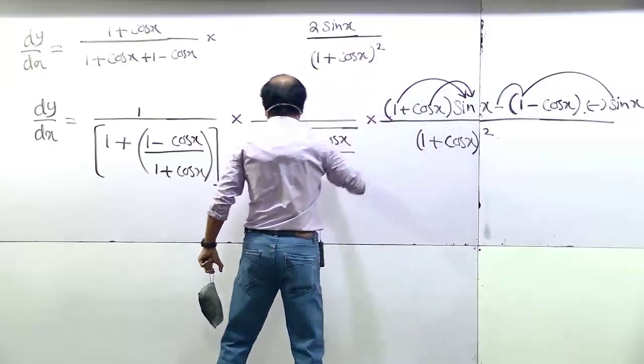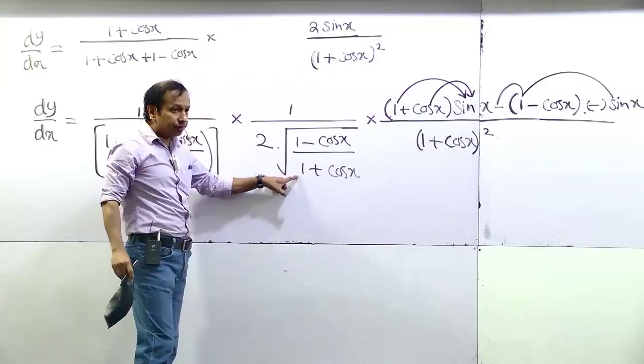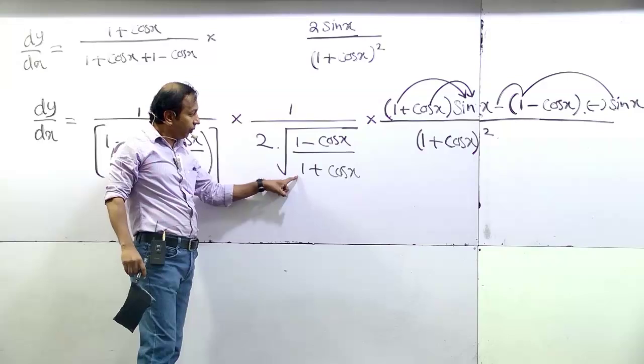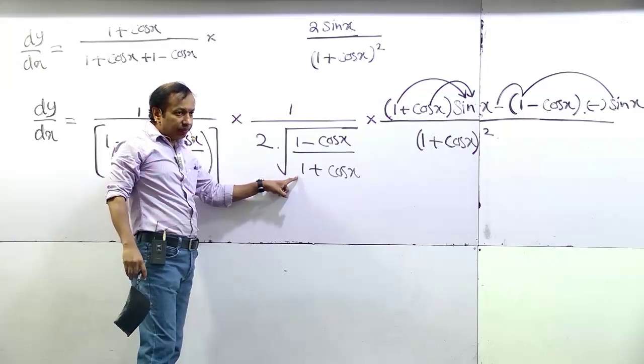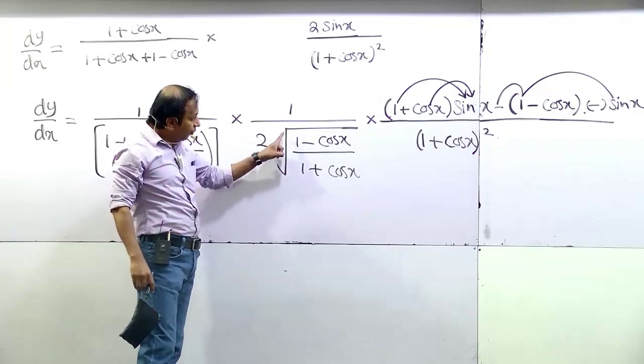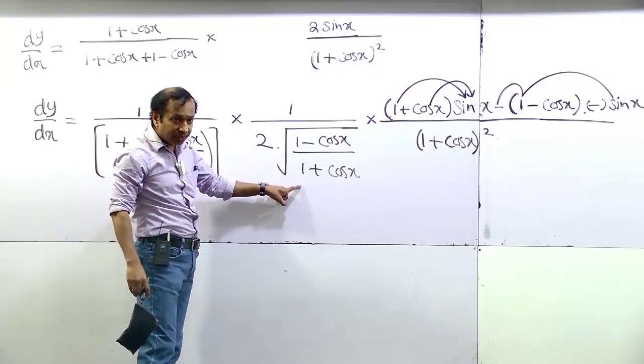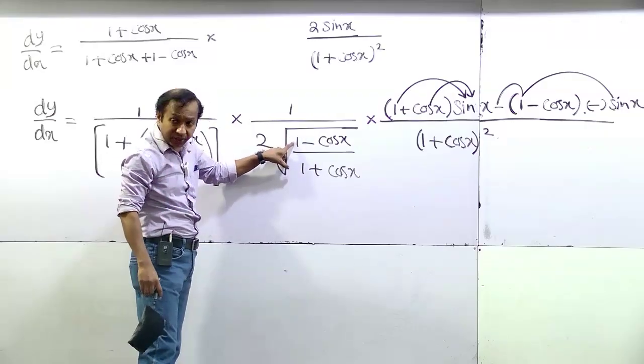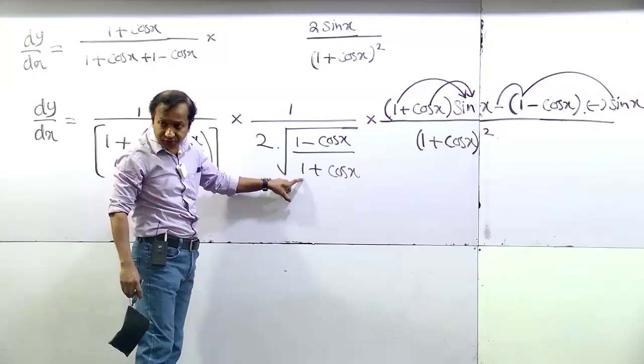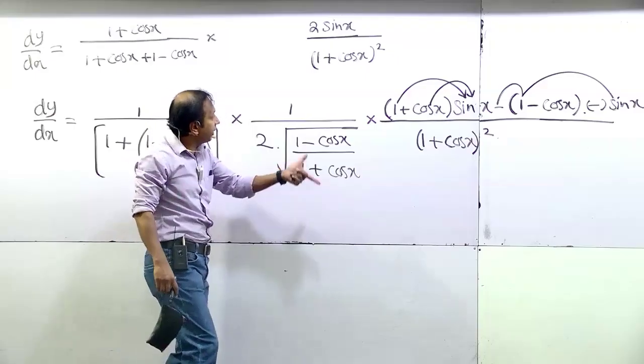Right. Now in the middle here we have this. Now I can apply this root for this and this separately. Is it possible? Possible, no? This root we can apply to the numerator 1 minus cos 6 and denominator 1 plus cos 6. Then this part we can write as the numerator.